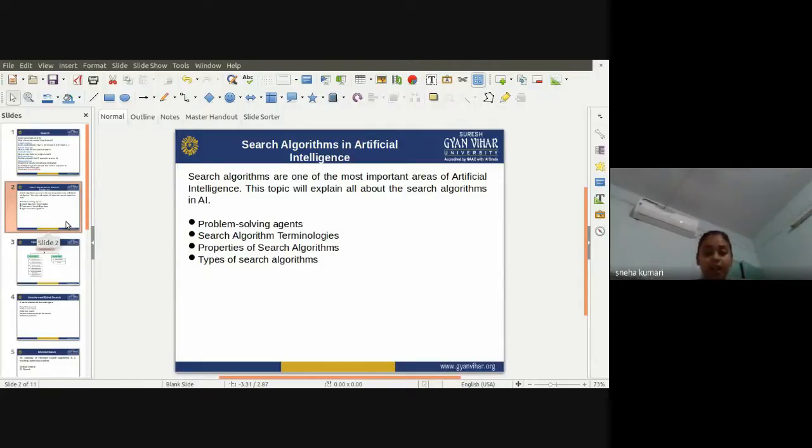Now what is the start state? It is the state from where the agent begins the search. Wherever the agent starts searching, that is known as the start state. The next point is the goal test.